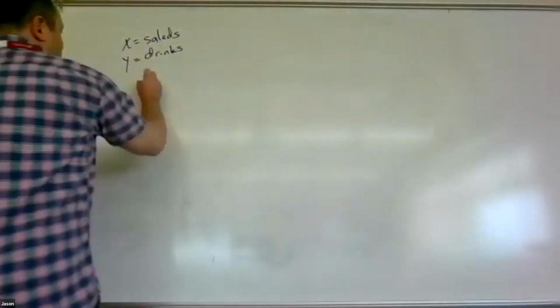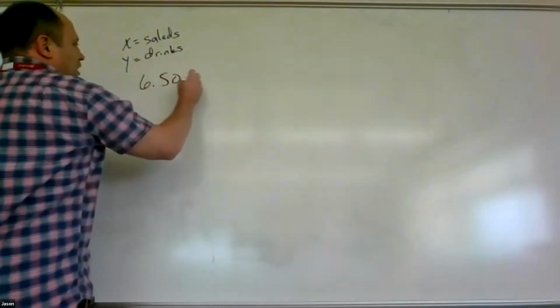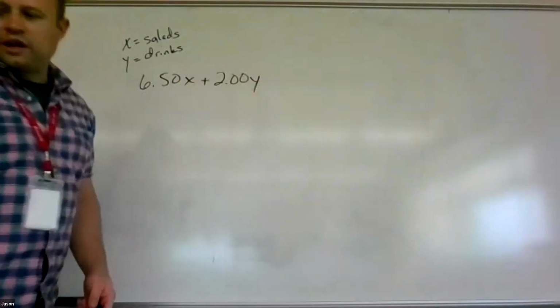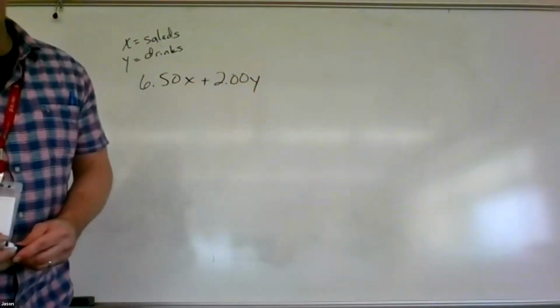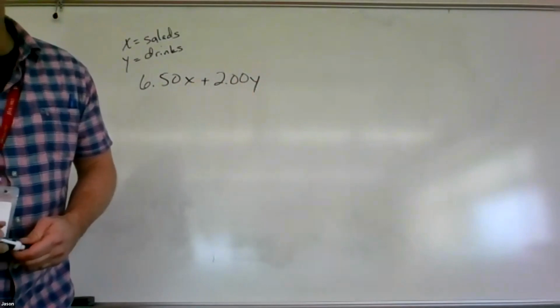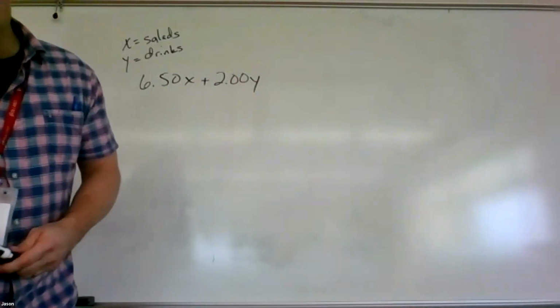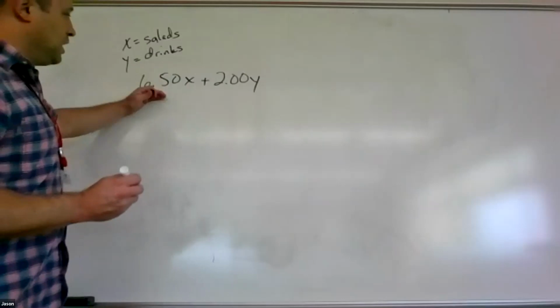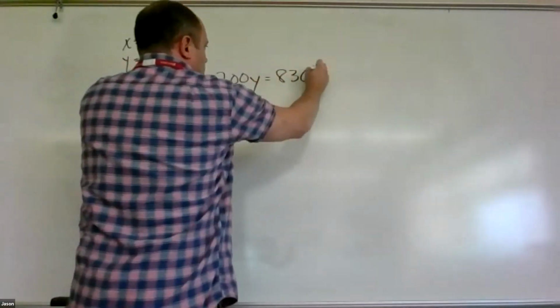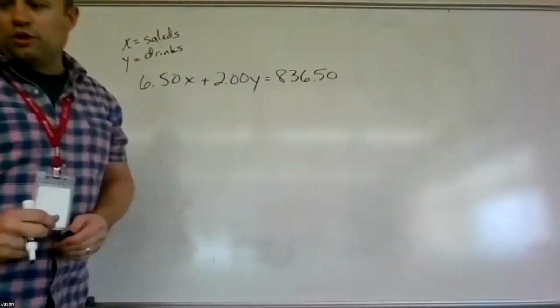So $6.50 for a salad plus $2 for a drink. The revenue from selling was $836.50, so money with money with money. You combine all those together.